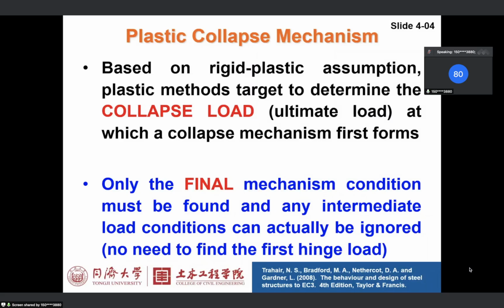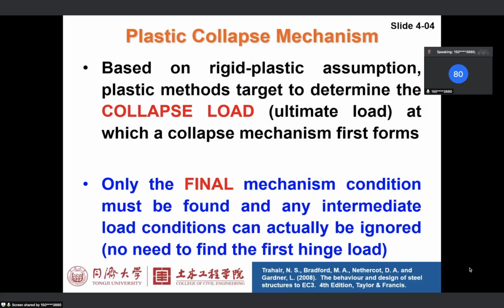That's enough. You don't need to find P1, because finding P1, as I mentioned, is just used to show you how much reserve we can have after first yielding. So this is just an illustration, but from our point of view, it's not necessary, because what we finally need to do is just find PC.